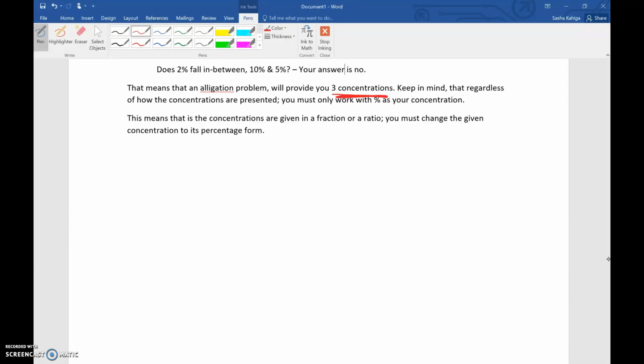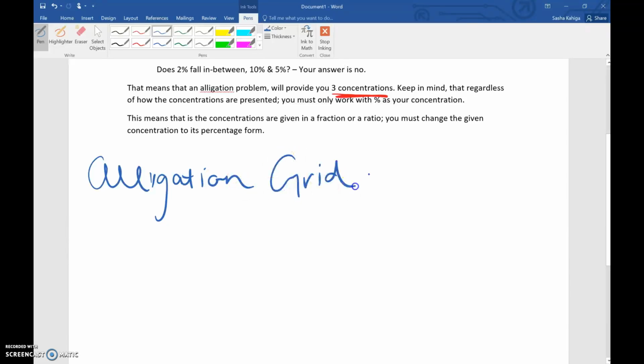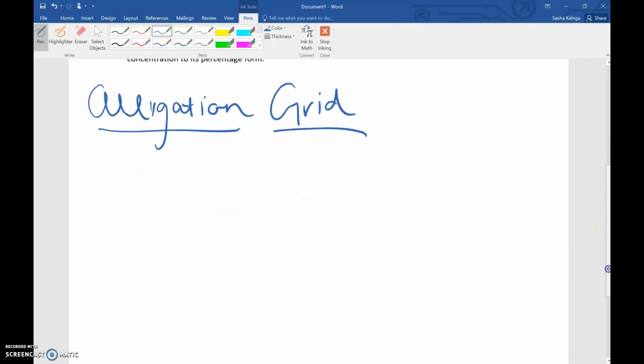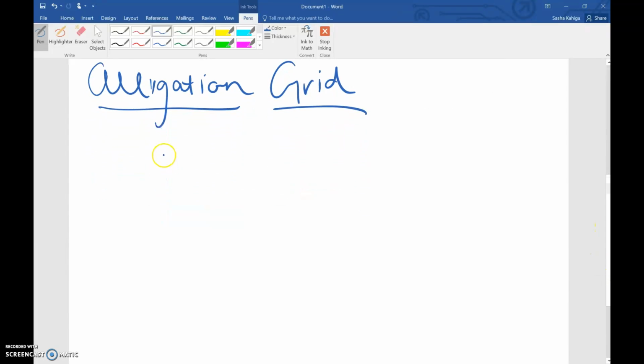All right. So when it comes to allegations, in order to solve an allegation, you must always first use an allegation grid. Your allegation grid is basically a tic-tac-toe grid. This is how you always begin solving an allegation problem.